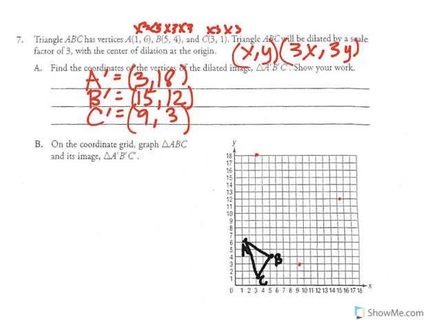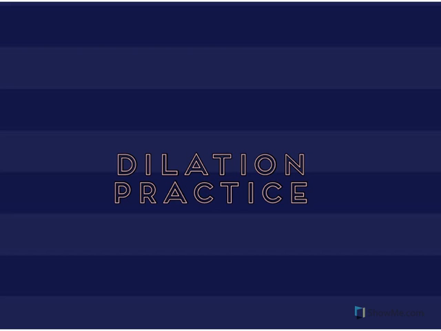The new coordinates for A prime would be at 3, 18, B prime would be at 15, 12, C prime would be at 9, 3. Okay, and then you could see that your new image is 3 times bigger. And you have to make sure for each of these that you put the prime symbol when you dilate the image.